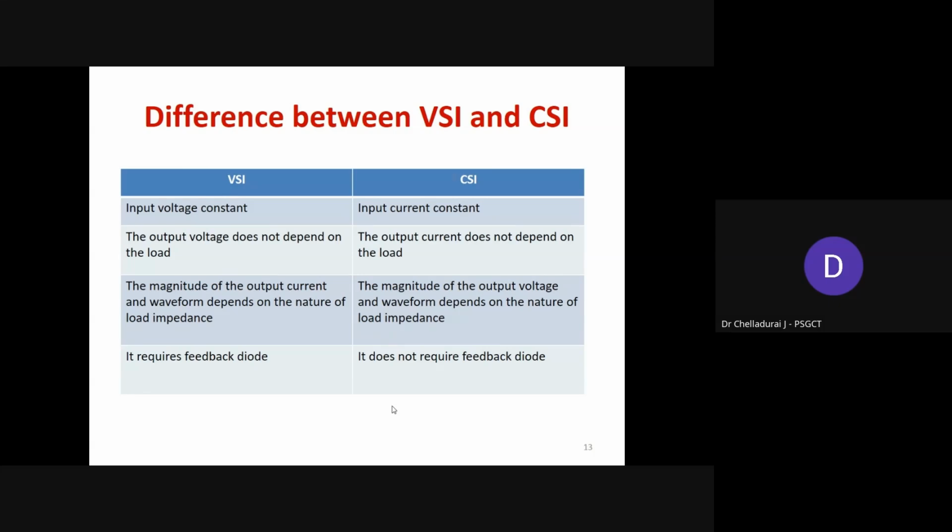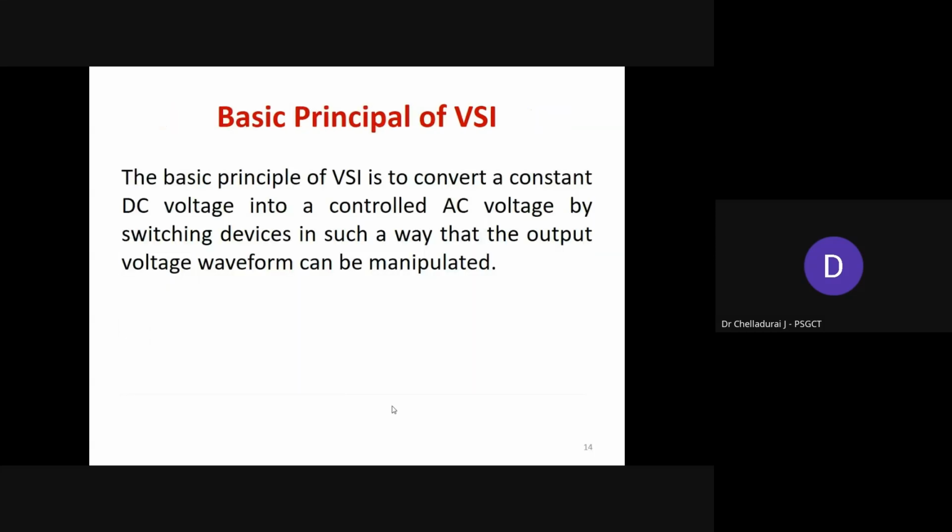And in VSI topology, if the load has an inductor, then to exchange the power from one side to the other, we have to use feedback diodes. But in CSI topology, without using feedback diodes, we can exchange the power from one side to the other.